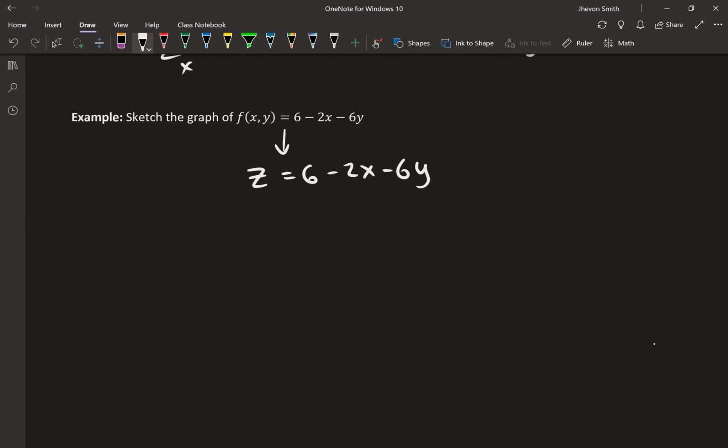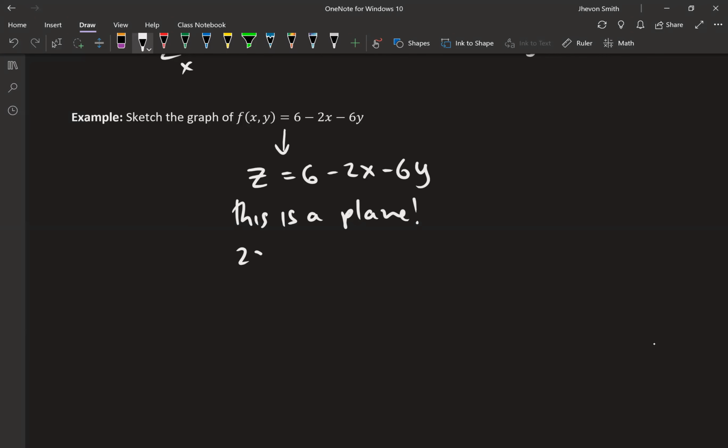So what is that? What's that equation? It's a plane. I'm not sure if I like the question mark. Like, is that a plane? We should know what a plane looks like, right? This is a plane.